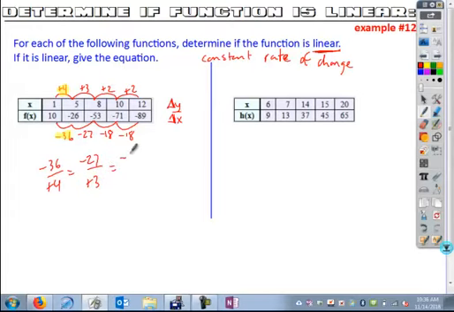Is that equal to negative 18 over positive 2, and negative 18 over positive 2? So what we did is we're testing to see, is this consistent? Is the slope always going to be the same? And what do each of these wind up being? They're all negative 9. Every single one of them is the exact same rate of change. And so this one is a linear function.